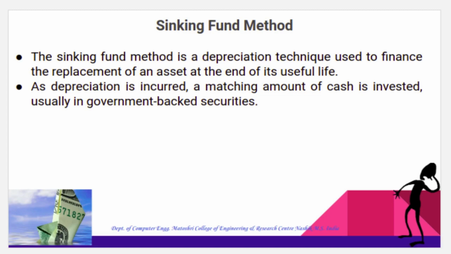In most cases, sinking funds invest in government securities such as treasury notes, bills, and bonds, where investments matching the duration of the asset's life are usually used, but shorter term investments can be reinvested. The asset's depreciation schedule determines the investment amount.